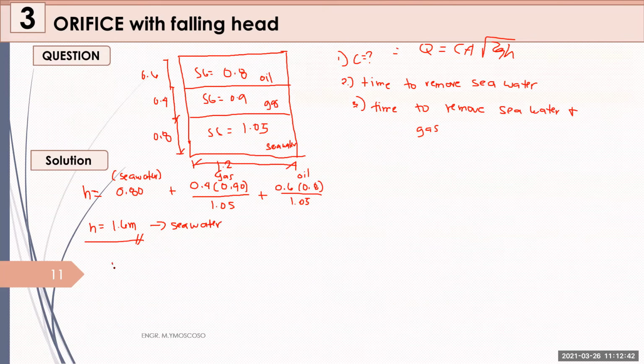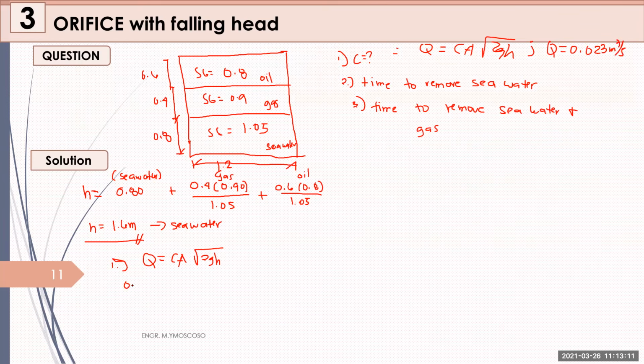So let us try to solve for number 1. So you have Q is equal to CA square root of 2GH. Okay, wala pala tayong value ng Q. Sige, bigyan na lang ako ng value ng Q natin, no? Hindi ko na-copy yung sa problem. Given that yung Q na lang ulit is 0.023 cubic meters per second.